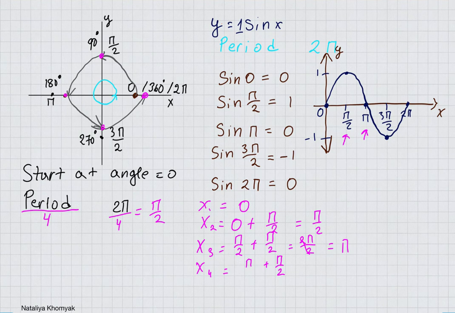We need a common denominator, so denominator times 2, numerator times 2, and we get 3 pi over 2. The last x value will be 3 pi over 2 plus a quarter of the period, which is pi over 2. This gives us 4 pi divided by 2, which is 2 pi.